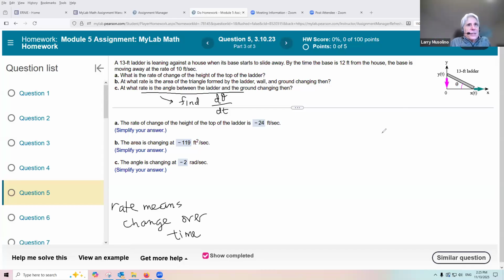All right, well, let's look at this diagram again. Let me draw it here. Here's the angle theta. And this was 12, and this is 5, and this is 13. All right, we know this point is going down at negative 24 feet per second, and we know this point is moving to the right at 10 feet per second.